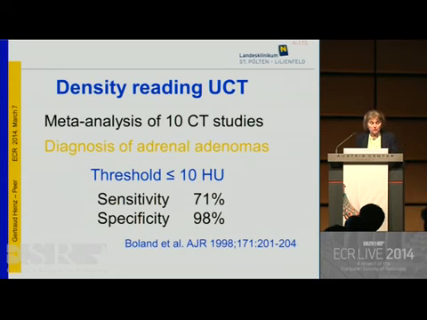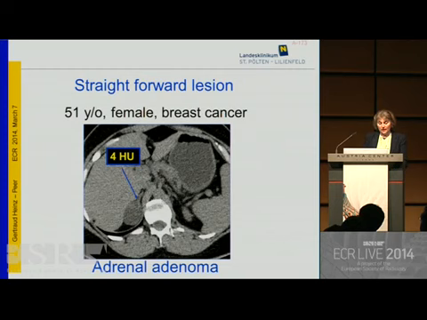Boland and co-workers showed that using a threshold value of 10 Hounsfield units on unenhanced CT studies is associated with a very high sensitivity and specificity in characterizing adrenal adenomas.